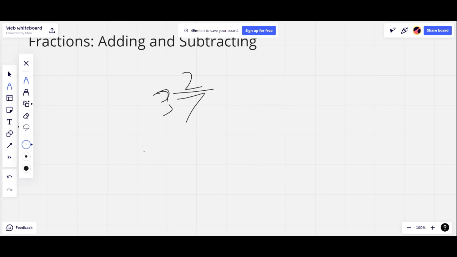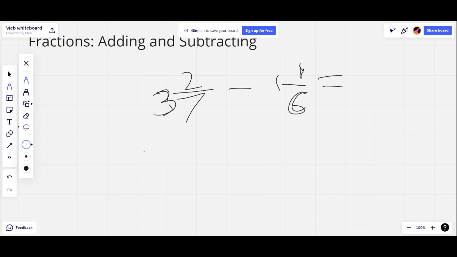But if you've got a question like 3 2/7 take away 1 1/6, I would advise that you convert these mixed fractions into improper fractions.